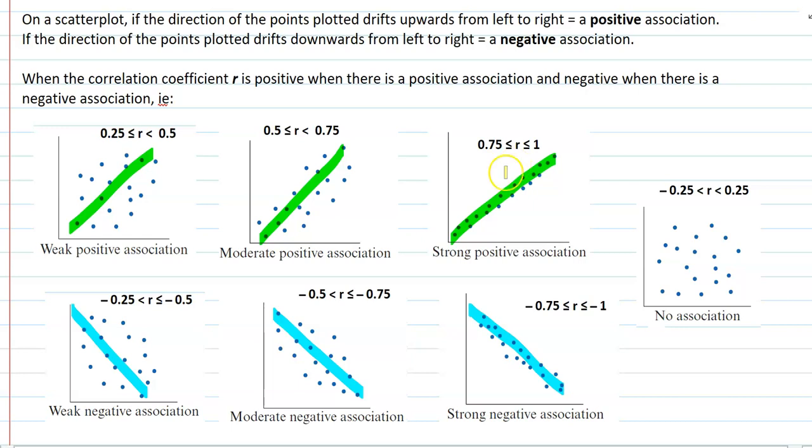So for example, if I had an R value of 0.8, like we looked at before, that would support a strong positive association, and your graph would look something like this because it fits within that range between 0.75 and 1.